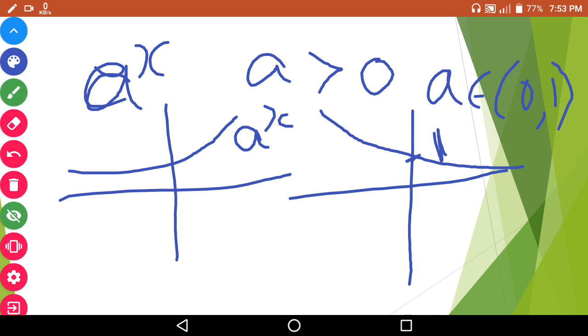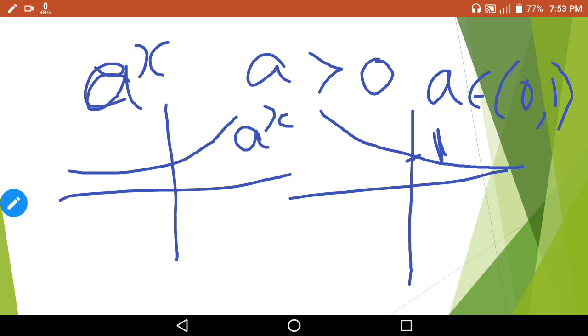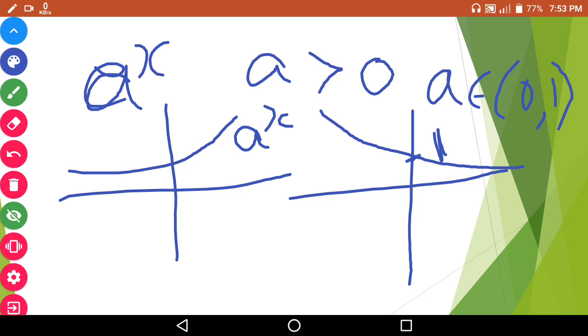Here it will intersect at 1, here it will intersect at 1. So this will be the graph. Graphs are very useful when solving an example because they make our work easier.